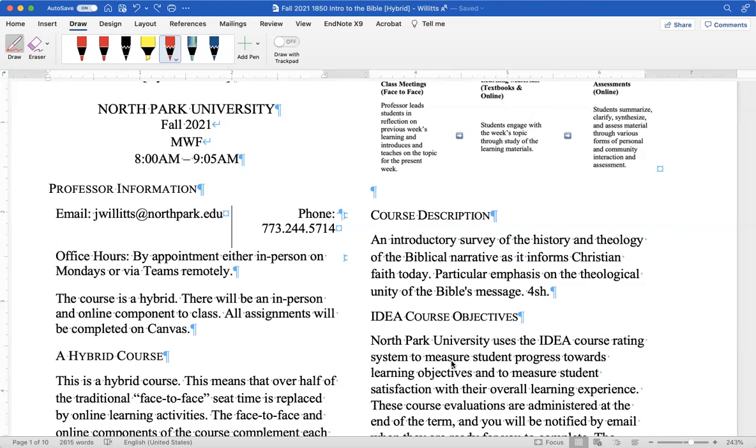As I said, the course is a hybrid. What that means is there are two basic components to the class: in-person, and online. Now, all of the assignments for this class will be completed through Canvas. There won't be any hard copies of assignments turned in.